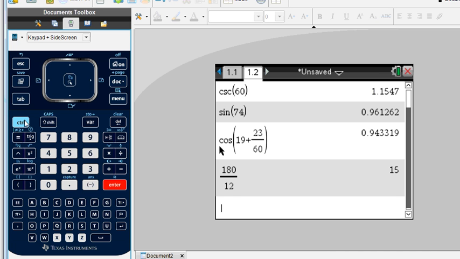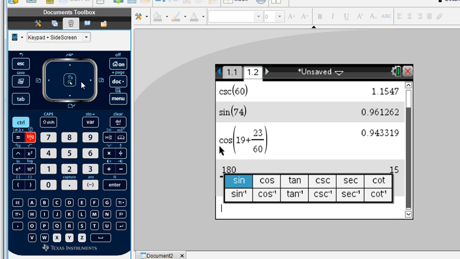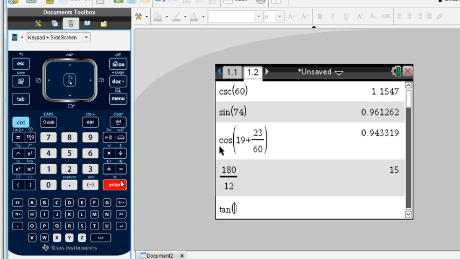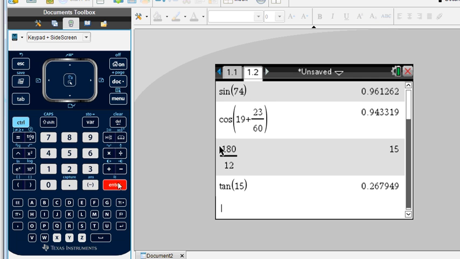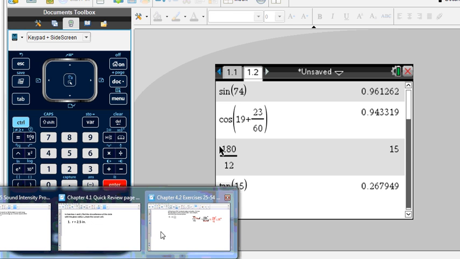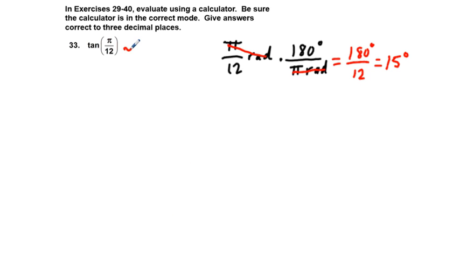So I'm going to go ahead and place the trig button, tangent 15 degrees, and for that we get 0.268 rounded to the nearest 3 places. So 0.268. That's going to be our answer for problem number 33.